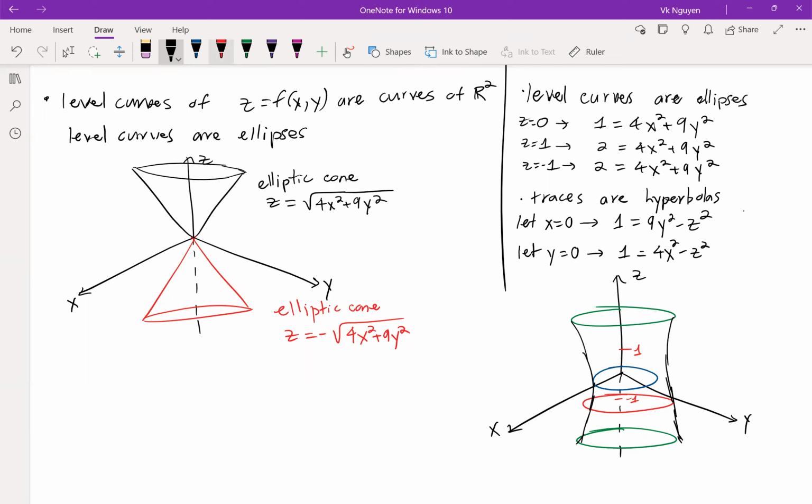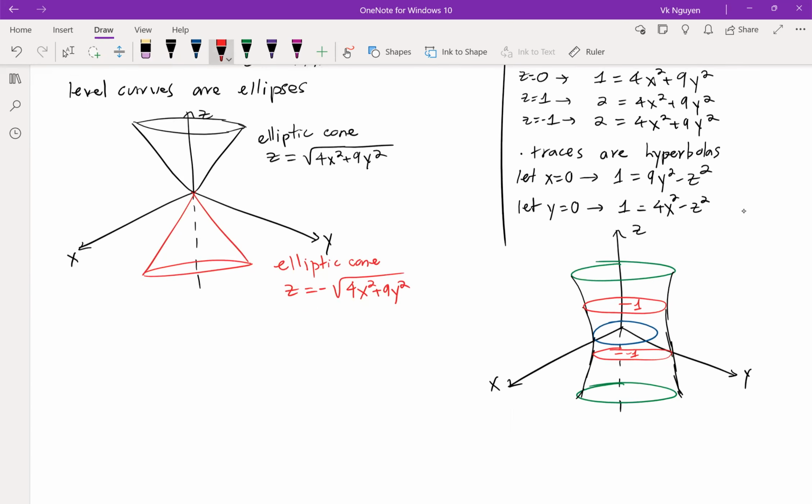Just have to fit this thing and this one. Okay, what do we have here? If you look at this, it does look like a nuclear power plant. We call it a hyperboloid.